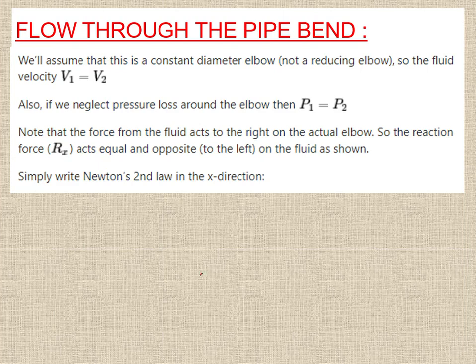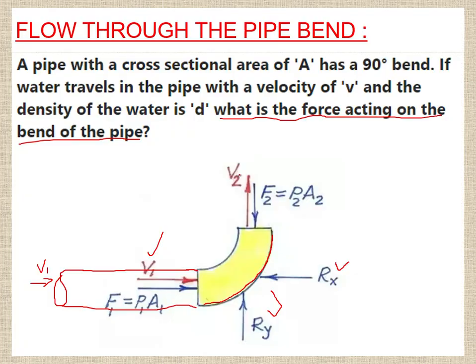Here we will assume that this is a constant diameter elbow. Sometimes we use a reduced elbow. What is the meaning of reduced elbow? If it is a uniform diameter elbow, or same diameter elbow, the diameter is going to be d here.